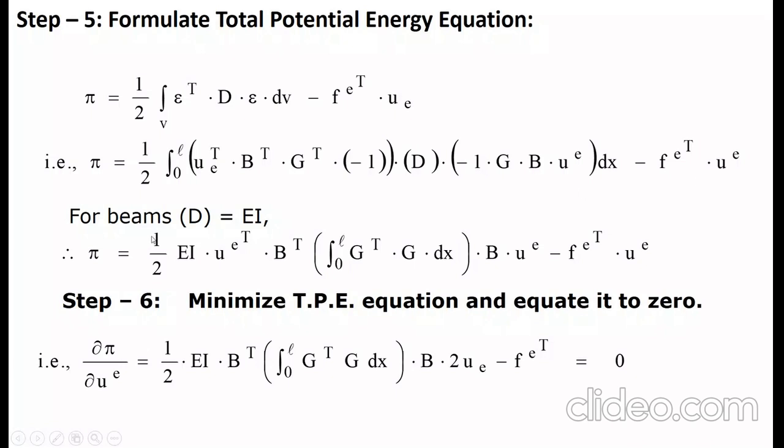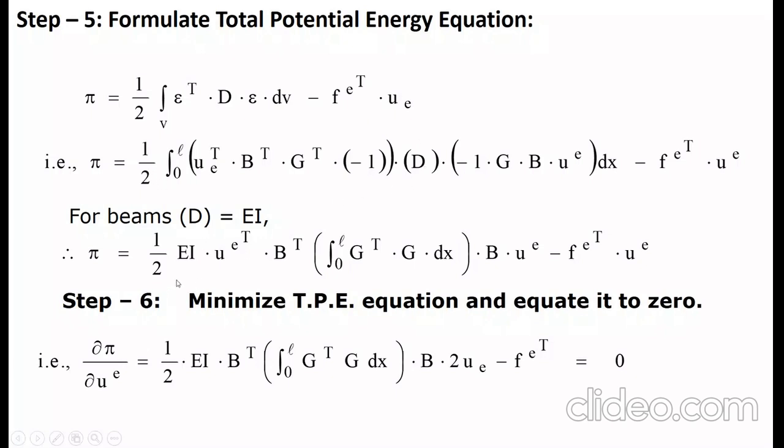For a beam, the D will be considered as EI, because the beam is considered based on the material behavior of Young's modulus and the cross section I. So the D will be EI.